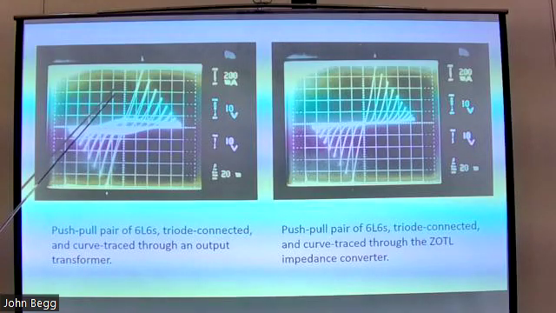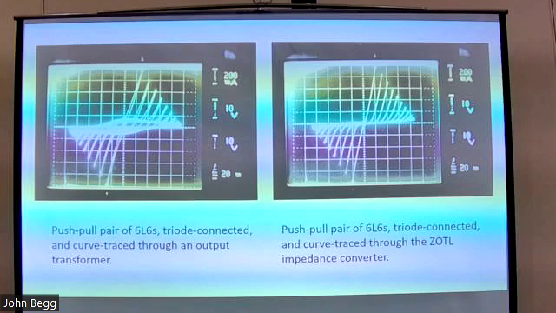So all these hysteresis loops and goofy things, with the ZOTL, they're all gone. These are the things that are actually most responsible for the sound of a tube amp. This is the woolly bass, the detrimental qualities of a tube amp, I should say.